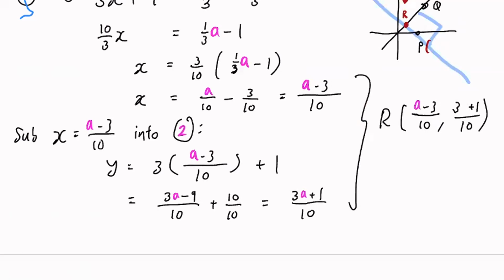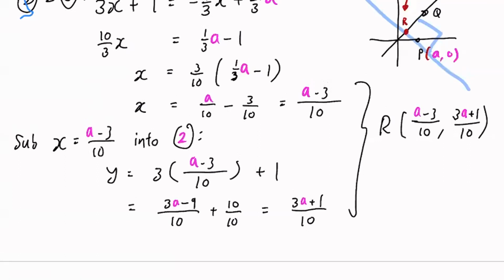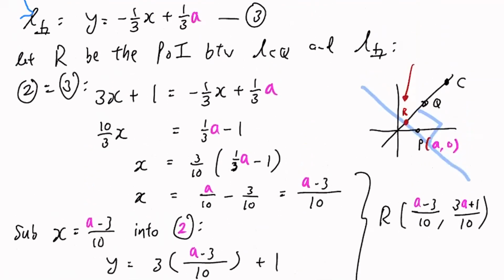Sorry for the confusion. I hope you are not too confused. The coordinates of the point capital P is a comma 0. Then the coordinates of the point R is a minus 3 over 10, 3a plus 1 over 10.